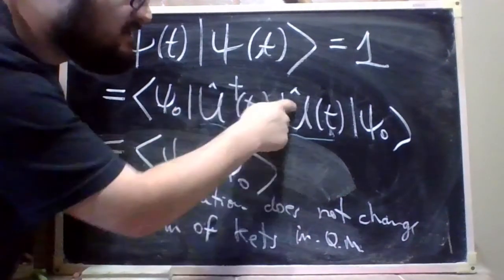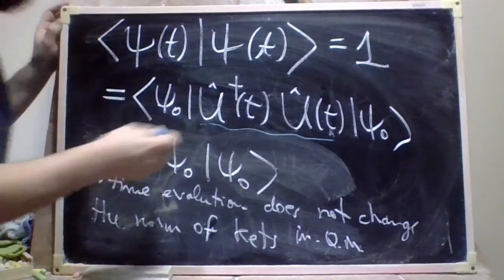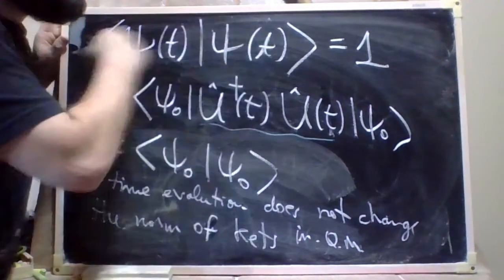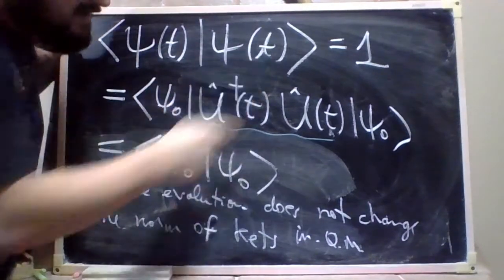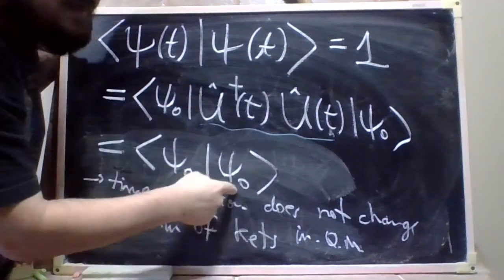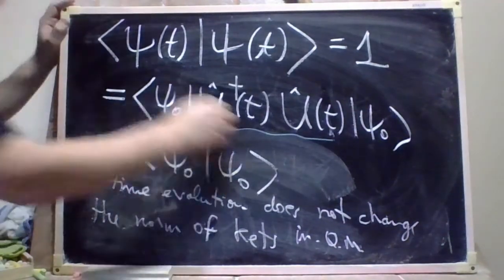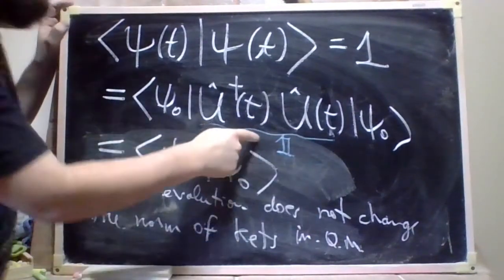This product here must be the identity, because it is the only way I can find that this thing evaluated at time t is equal to this thing evaluated at time t equals 0.